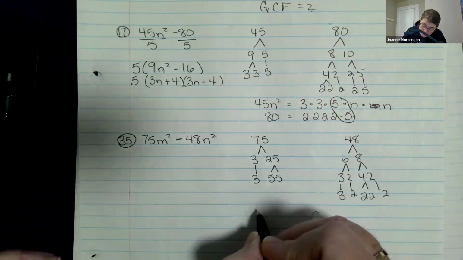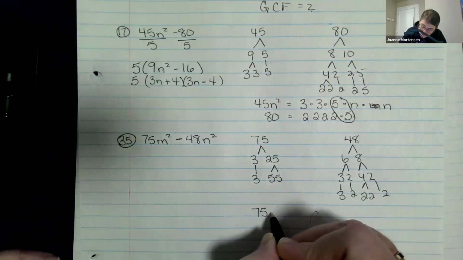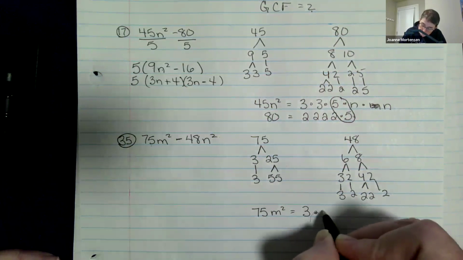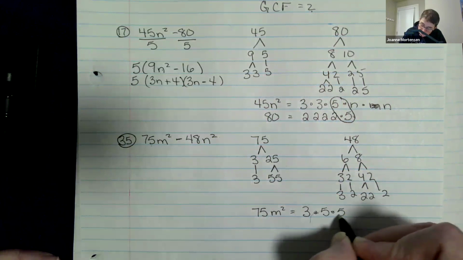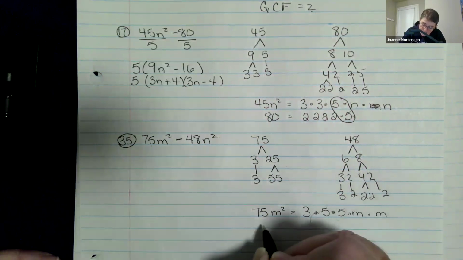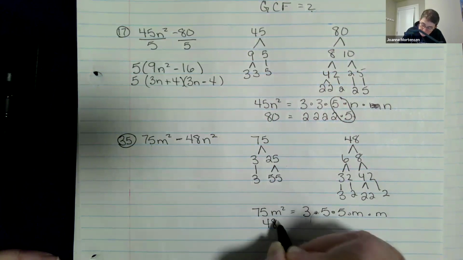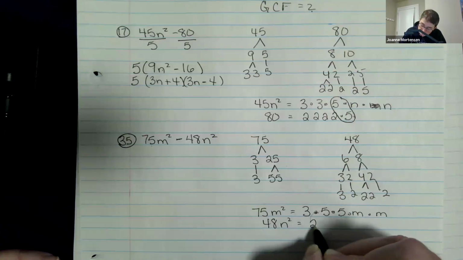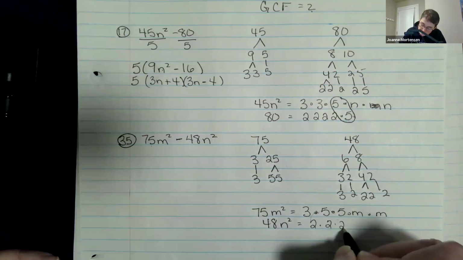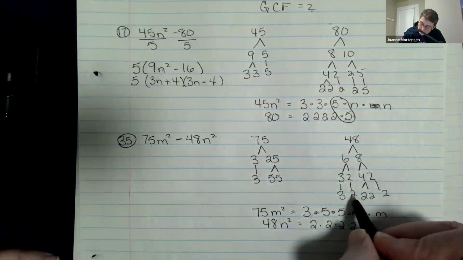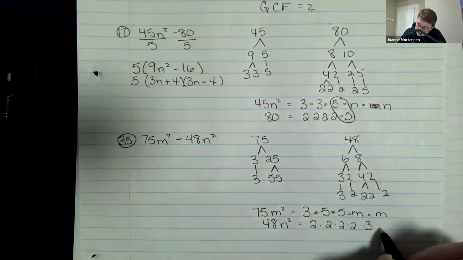Anyway, so 75 m squared is 3 times 5 times 5 times m, and 48 n squared is equal to 2 times 2 times 2 times 2 times 3, and then an n and another n.